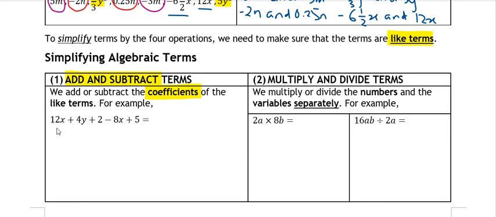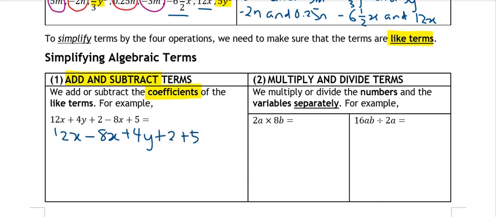So here the first one is 12x, and then you also have negative 8x, so you are arranging it, so minus 8x, and then we proceed with y, which is plus 4y, and then there is no another y term, and lastly the constants here, plus 2 plus 5.